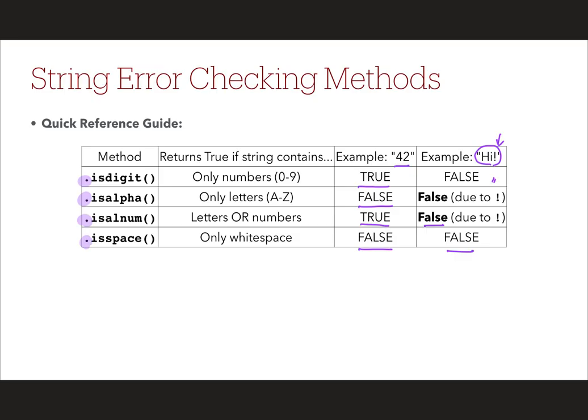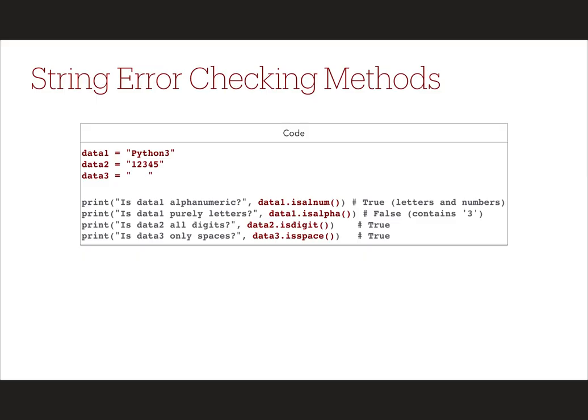If you want to use those functions, you call the function after the name of the variable, followed by a dot and the name of the function. Given data1, data2, data3, three variables: data1 is "Python3", data2 is "12345", and data3 just consists of spaces.